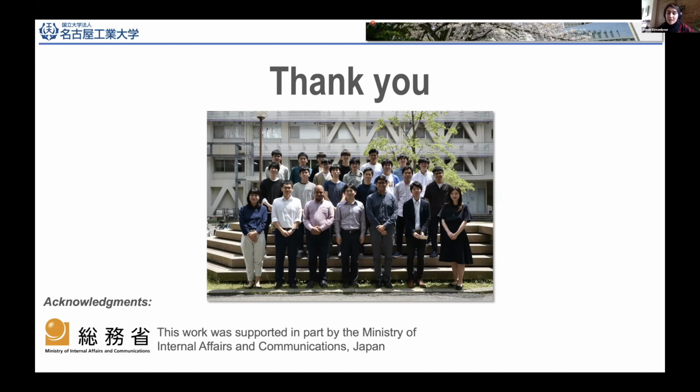Feng is asking, you use semi-auto as a reference for validation. How did you do semi-auto? The semi-automatic method was developed by Professor Laakso from Aalto University.